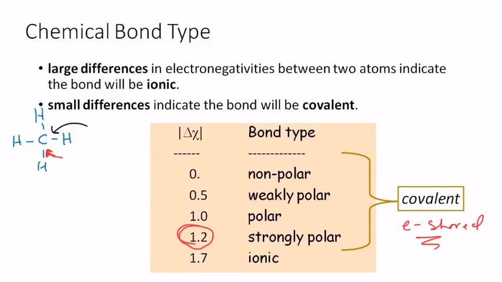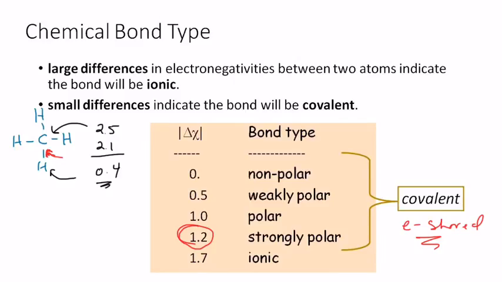And if you look it up, you'll find that the electronegativity is 2.5. Then we'd also need to look up the electronegativity of the hydrogen, and that actually is 2.1. Oops, did I get that right? Yeah, 2.1. So the electronegativity difference is 0.4.